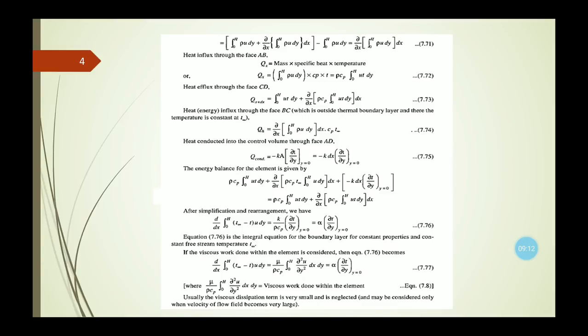Now the energy balance for this considered element or control volume can be written like this: rho Cp integration 0 to h uT dy plus del x of rho Cp T infinity integration 0 to h u dy into dx, minus K dx into del T del y at y equals 0, will be equal to rho Cp integration 0 to h uT dy plus the del x rho Cp integration 0 to h uT dy dx.